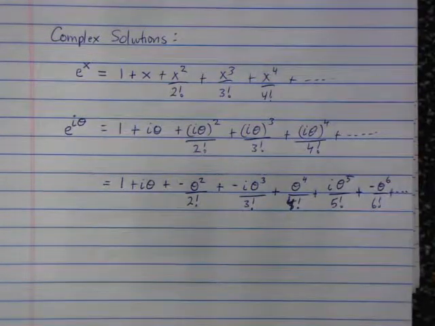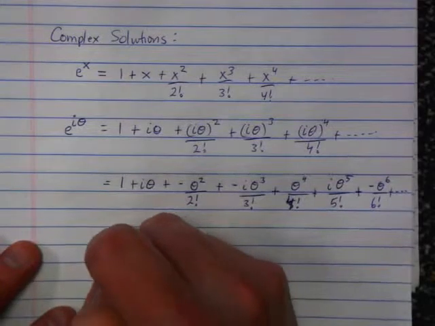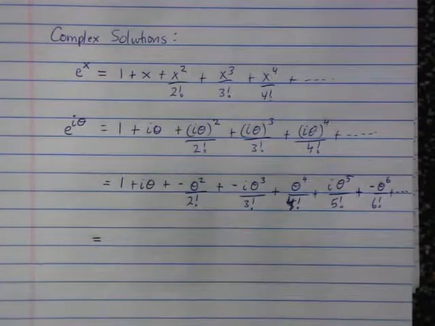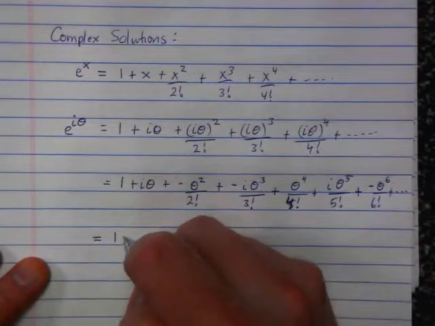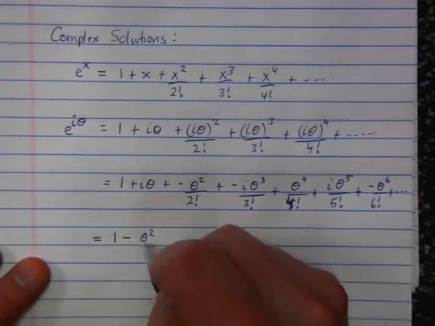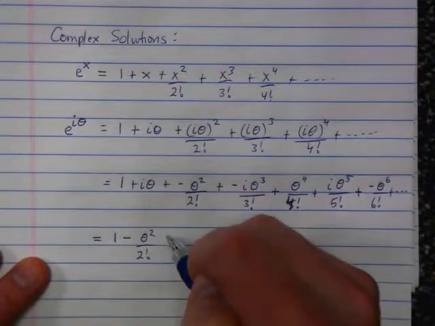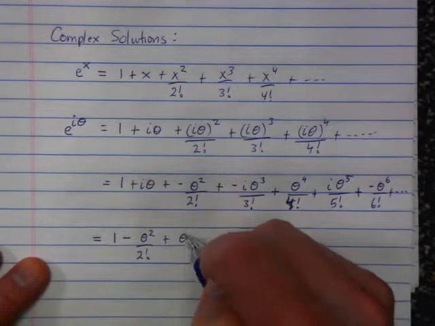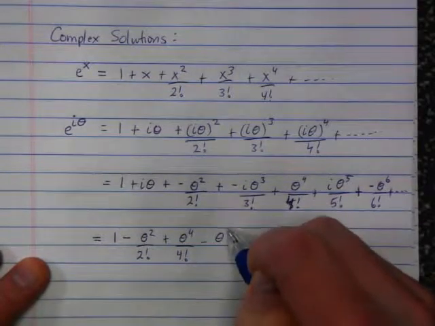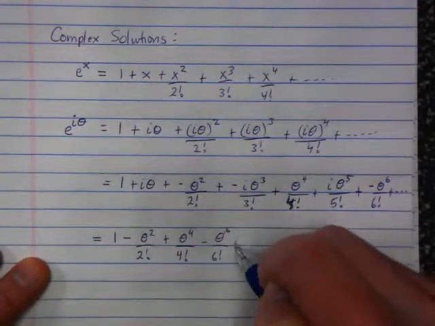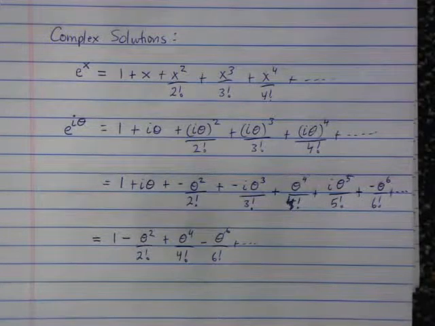All right, so what I'm going to do is change the order here. I'm going to put all the terms together that don't have i's in them. So that's 1 minus theta squared over 2 factorial plus theta to the 4th over 4 factorial minus theta to the 6th over 6 factorial plus, and those would go on forever.